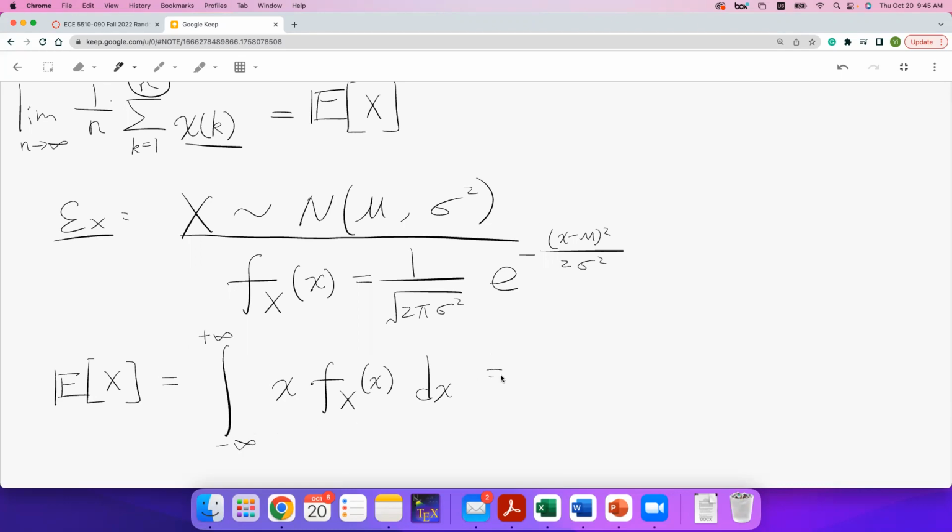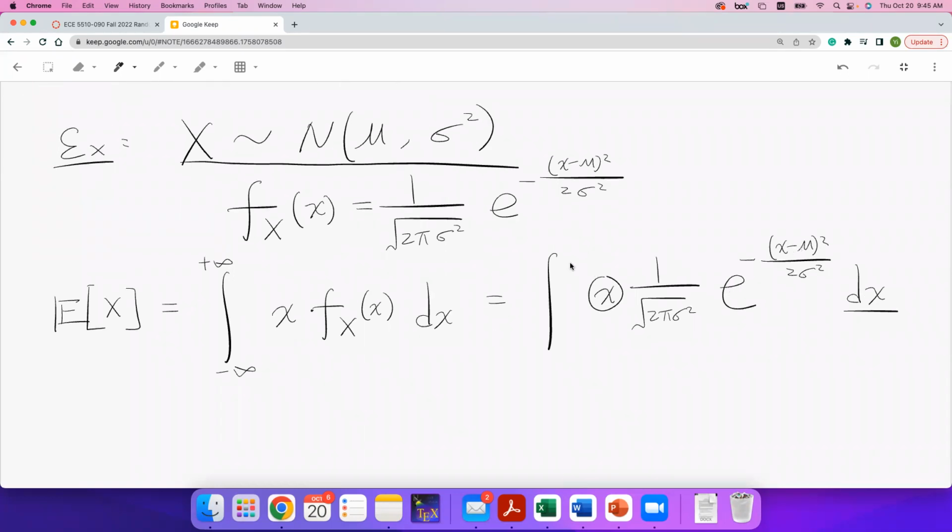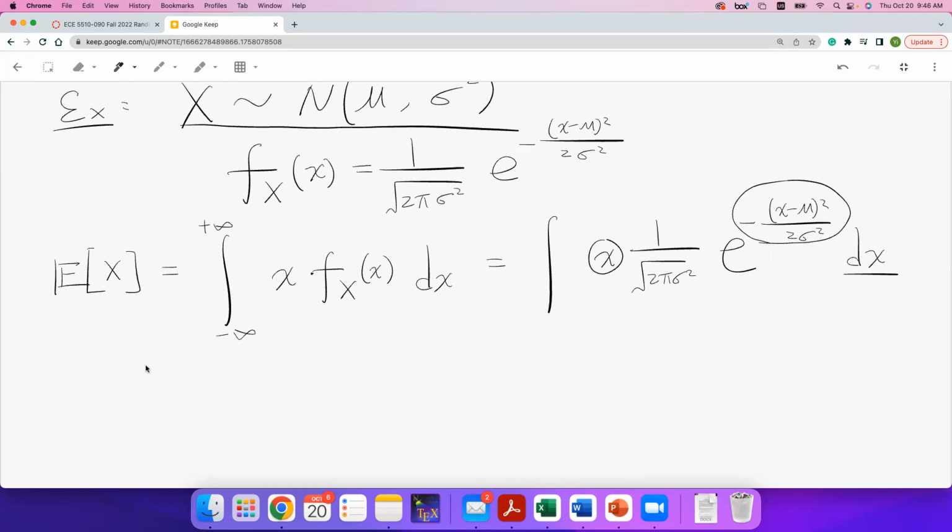And this could be complicated, so let's write it down. But this x and dx, I know we can combine them into a quadratic term. If we make this equal to the exponent of this exponential, then I think the integration should be fairly easy.